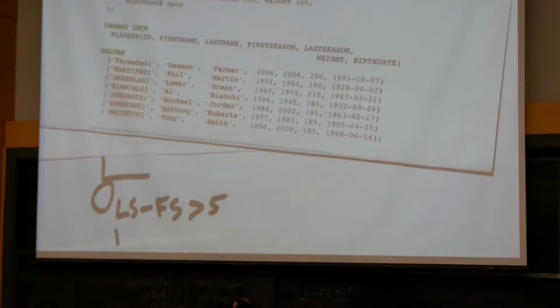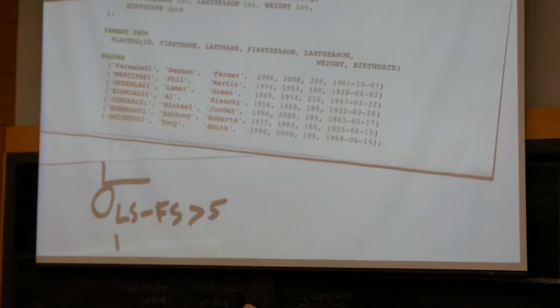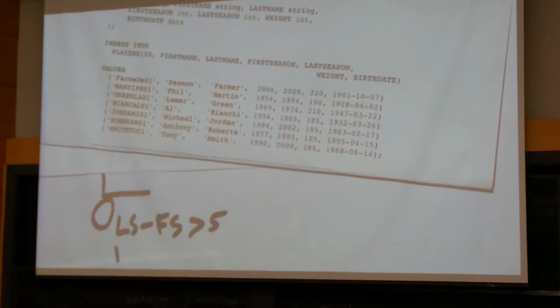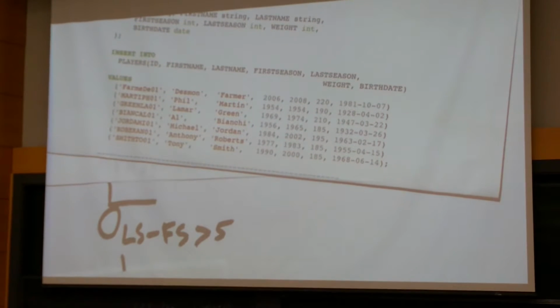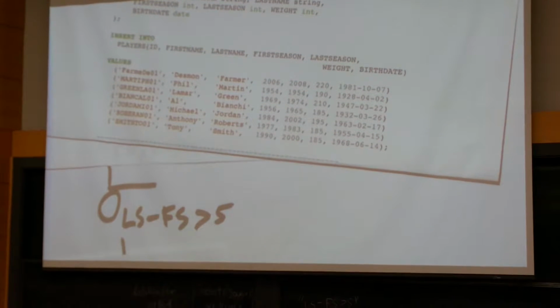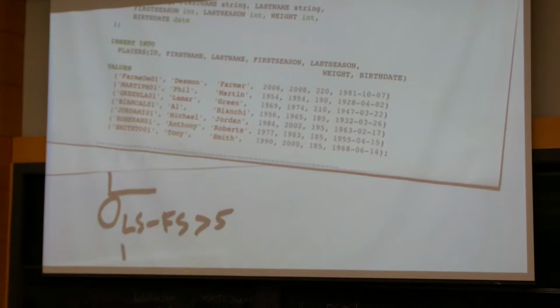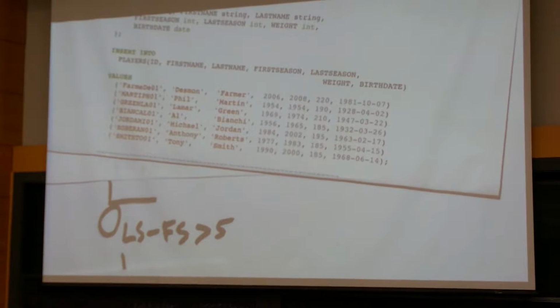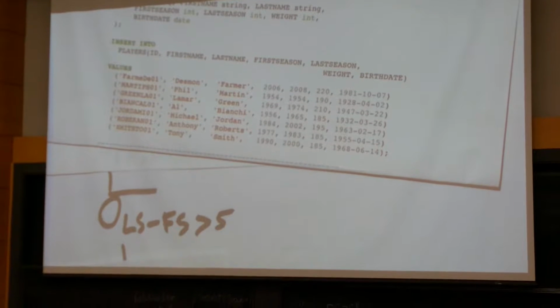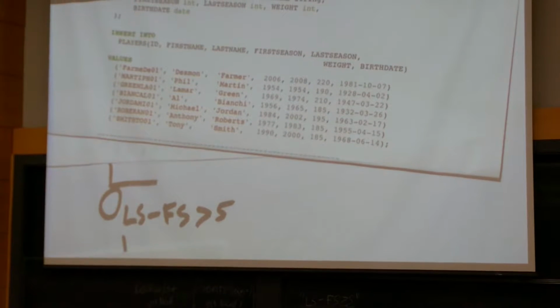If the expression returns true, we return the current row. If it returns false, we go back and get another row. So the next row returns 1954, 1954. We plug that in, returns false. Next row, 1974, 1969. Finally, that returns true.